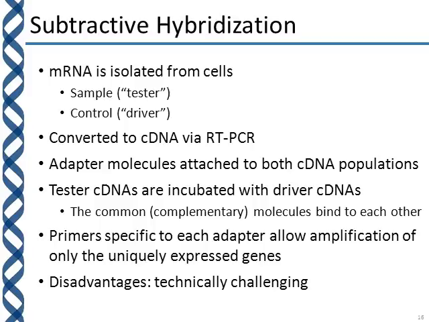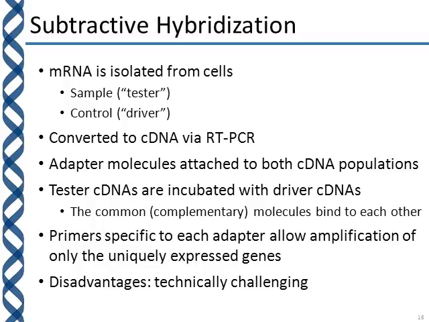Adapter molecules are attached to both cDNA populations. The tester cDNAs are incubated with the driver cDNAs. The common complementary molecules bind to each other. Primers specific to each adapter allow amplification of only the uniquely expressed genes.